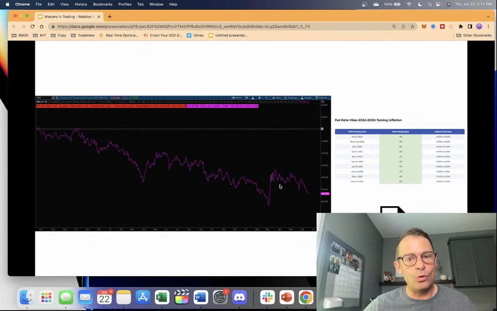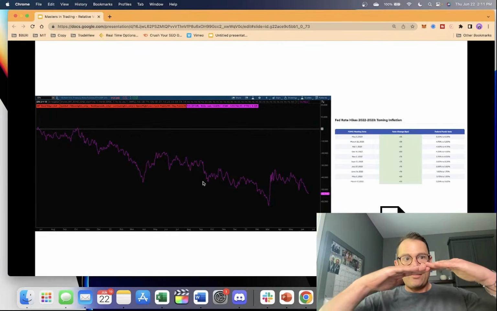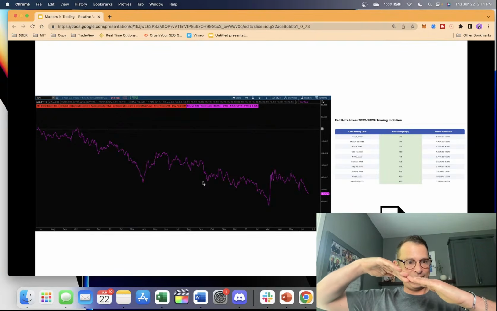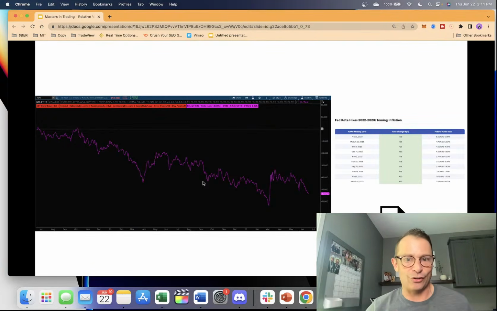So this whole thing here is flattening and actually inverting. Okay? So 2s all the way out to 30s. The lower that it's trading, it's getting flatter, but it's actually going inverted. Price is opposite to yield. That's why it's all the way down here.